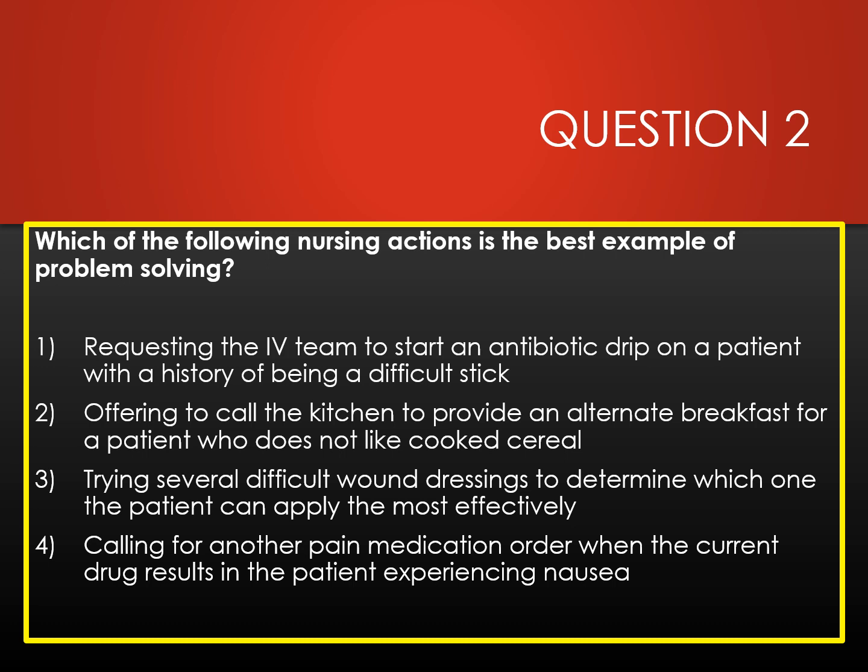Now the third one, number 3, you're going to try several difficult dressings to determine which one the patient can apply the most effectively. So this one, you're thinking long term because you're not just going, okay, let me put on this difficult wound dressing. You now have to think, this patient's going to have to change his own dressing. This type of dressing is going to be too difficult for him to do on his own.